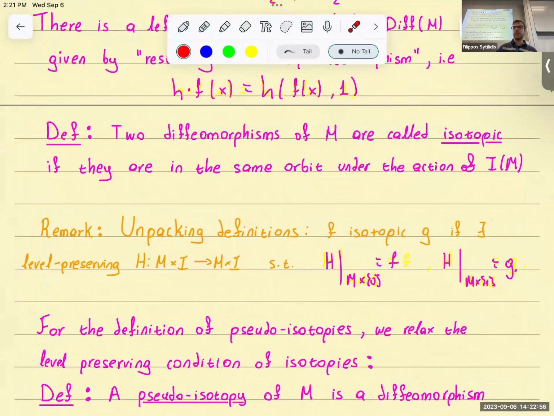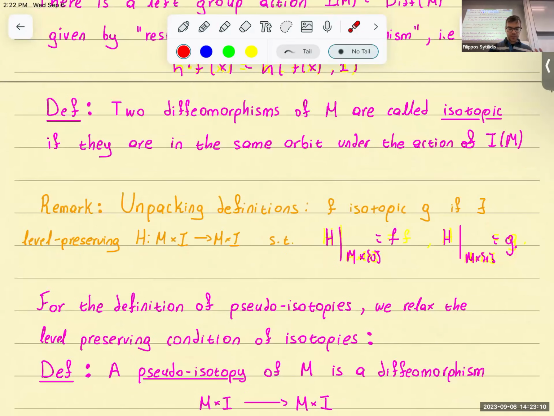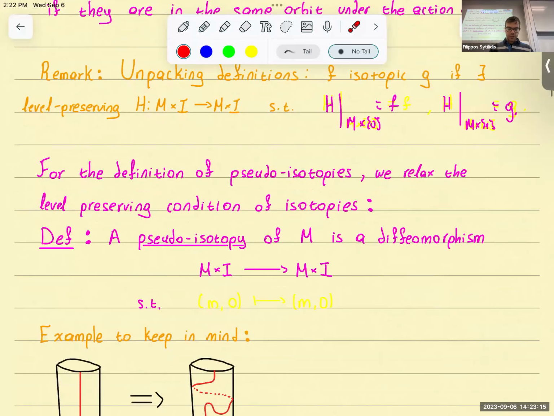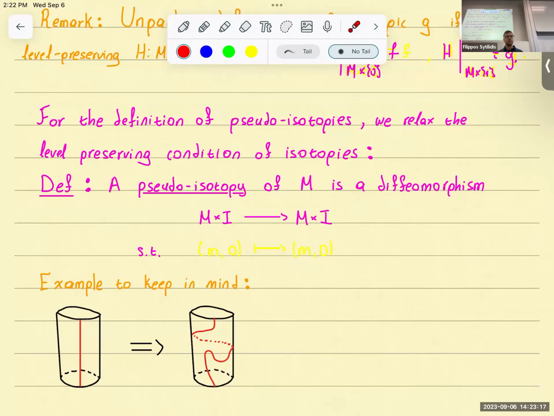Okay, so is everybody happy with isotopies? Now we go to pseudo-isotopies. I'm basically going to copy paste everything that I did, but relax one condition, the level-wise preserving condition. So for the definition of pseudo-isotopies, we just relax the level preserving condition. This is just going to be a diffeomorphism from M cross I to M cross I. I'm not requesting it to preserve levels.